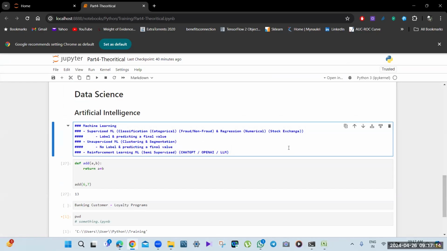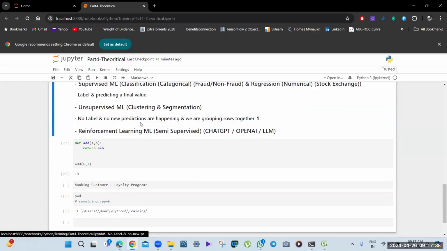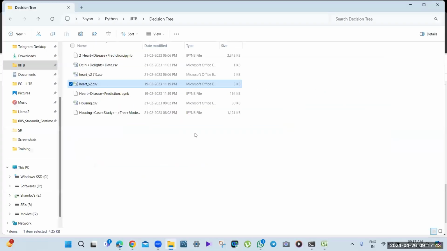No new predictions are happening, and we are grouping rows together. If that is the need of the hour, then this will be unsupervised machine learning. Now, what is that unsupervised machine learning?